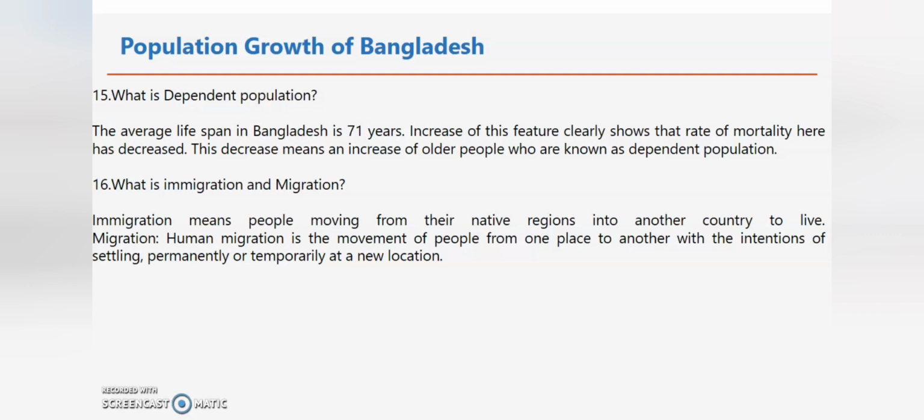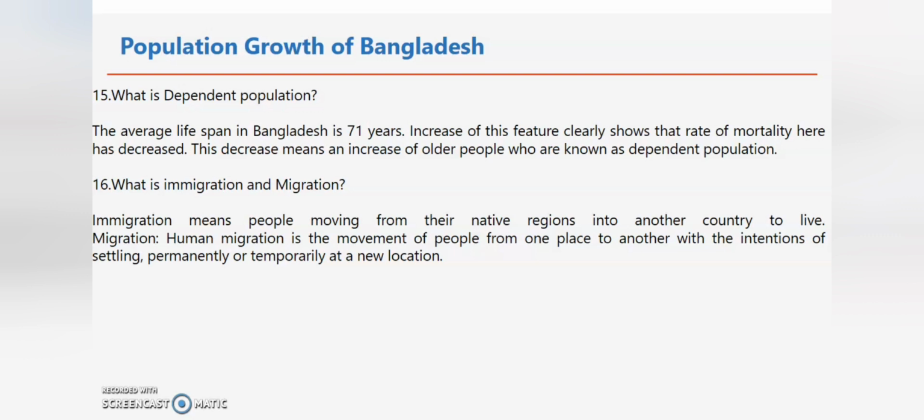That means the decrease means an increase of older people who are known as dependent population. That means dependent population are the older people. I think you got my answer.